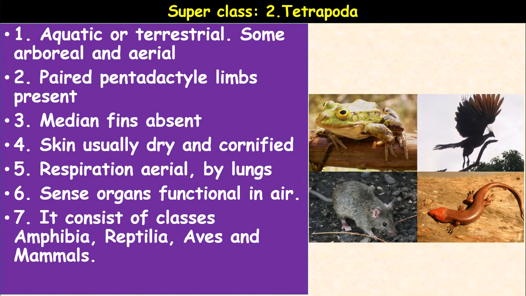So superclass tetrapoda is divided into 4 classes: amphibia, reptilia, birds, mammals. Okay, children, hope you understood. Read the book.